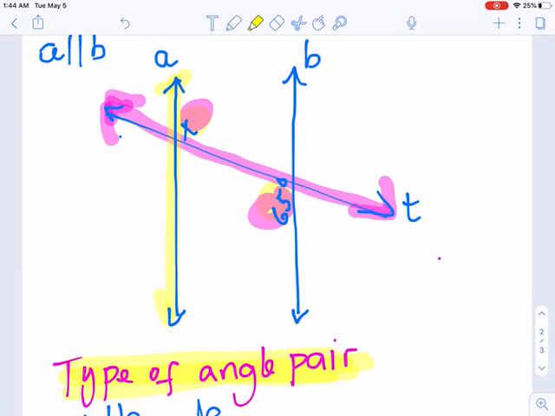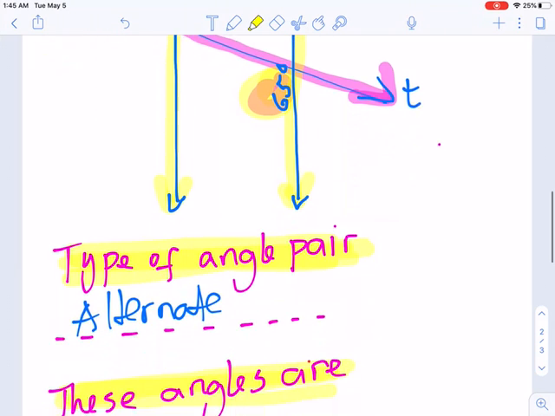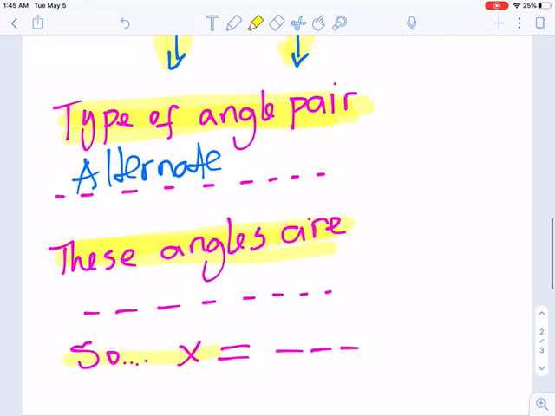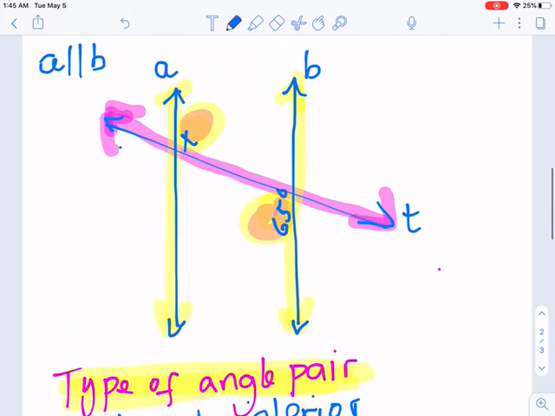They are inside of the parallel lines, and because they are inside, they are at the interior. So it will be alternate interior. These are alternate interior angles, and if they're alternate interior, we know that they are congruent.